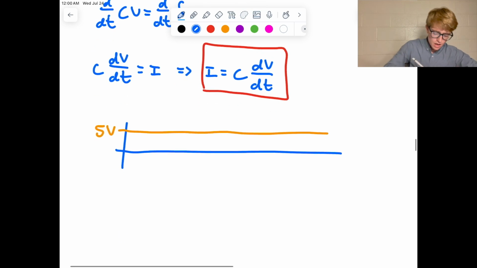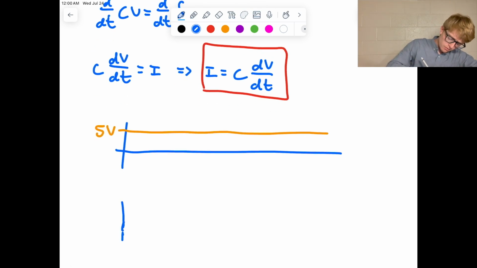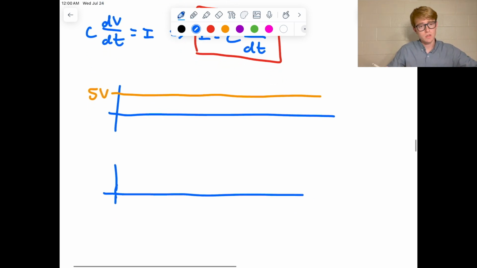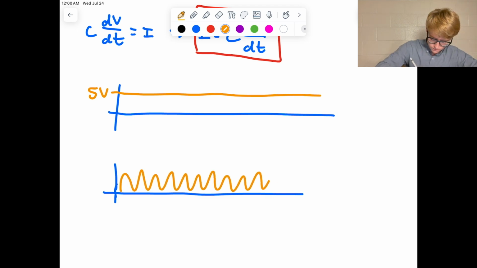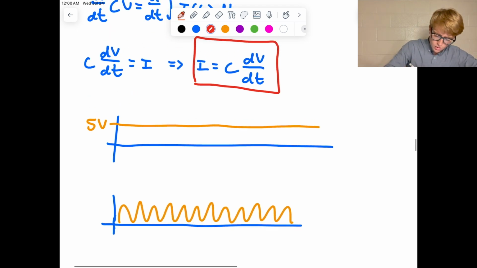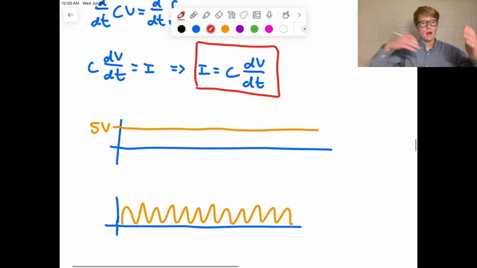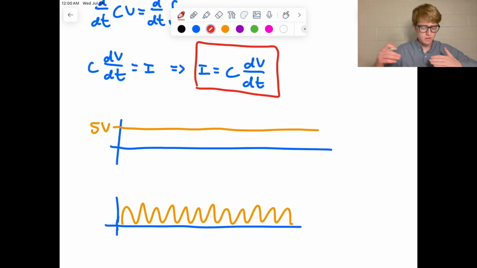So that kind of makes sense mathematically. So that checks out. Now what happens if I have super high frequency moving through my capacitor? Let's say my voltage is going like this across my capacitor. Well, now we have rapid changes in voltage across time.